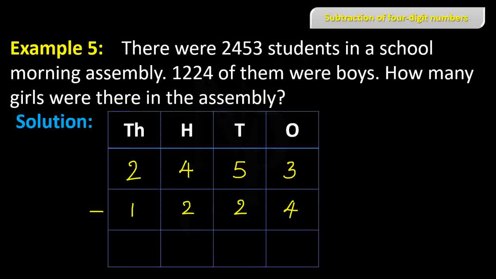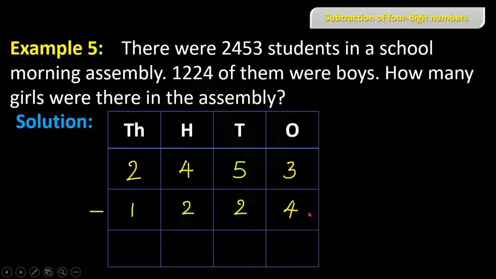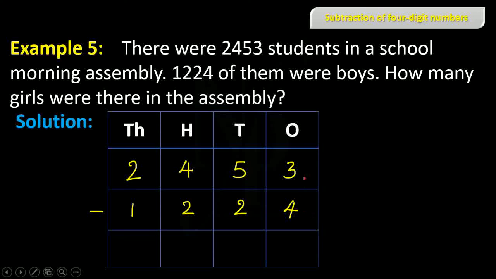So now we will subtract the digits in ones column, that is we have to subtract 4 from 3, which is not possible because 3 is less than 4, so we cannot subtract 4 from 3. In such cases, what we do, we will borrow from the neighboring higher place value columns.